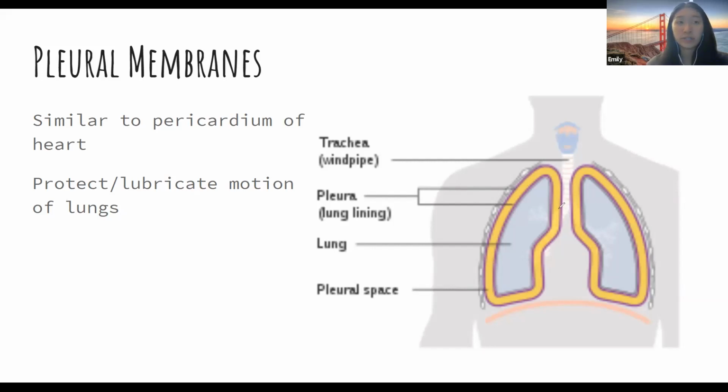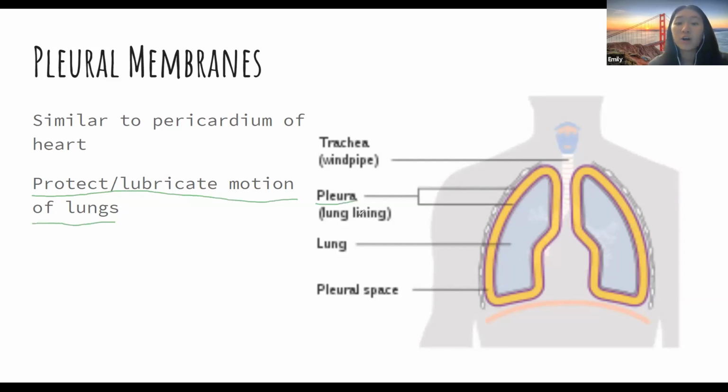So when you're breathing, every time the lungs are expanding and contracting, similar to the heart contracting and relaxing, it's both squeezing and then relaxing. Lungs are going to especially increase in volume by a ton and then decrease in volume. So it's necessary to have these membranes as well to protect and lubricate them.